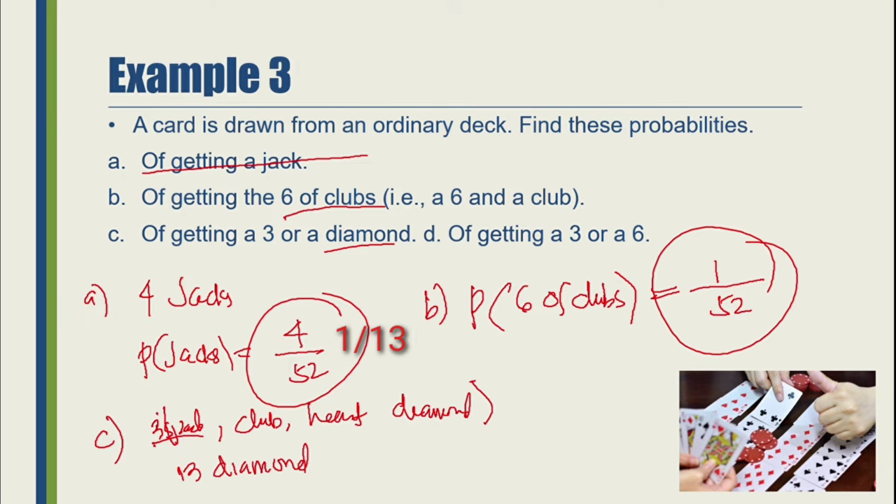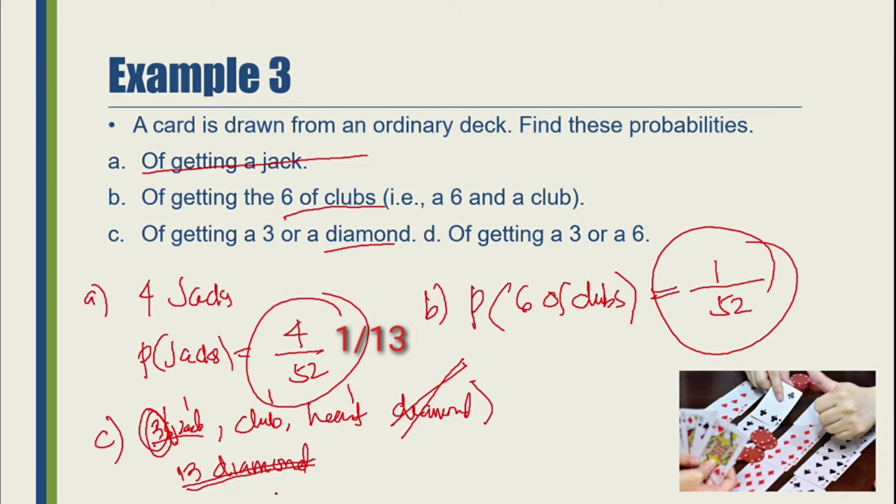One of the cards of the three has a suit of diamonds, so we have to eject this one because it will be repeated in the 13 diamonds from ace to king. So how many events do we have? 1, 2, and 3 plus 13 diamonds, because we neglected the three of diamonds, otherwise it will be counted twice.